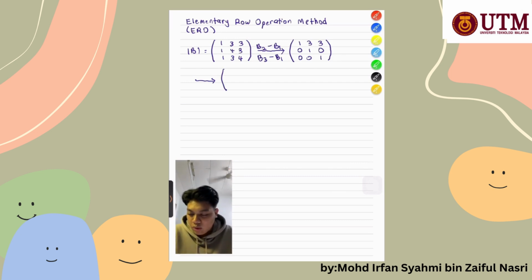How? By R1 minus 3 R2. So it will be 0, and the other we just copy down because we already have it.